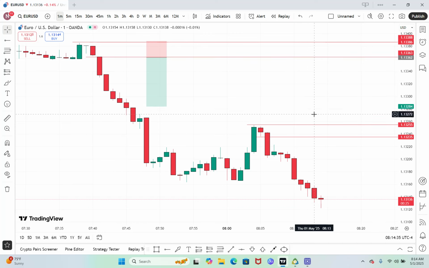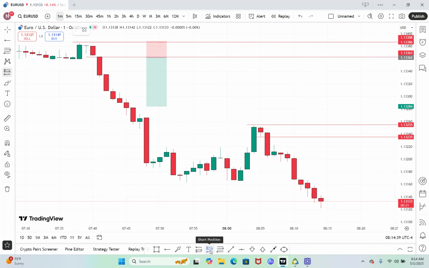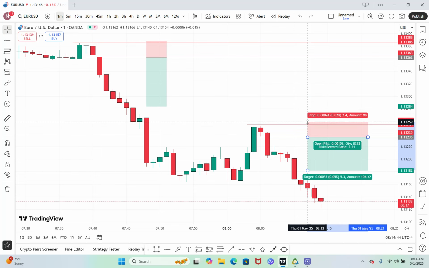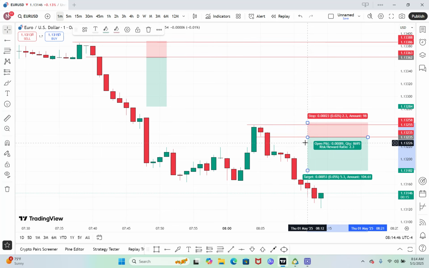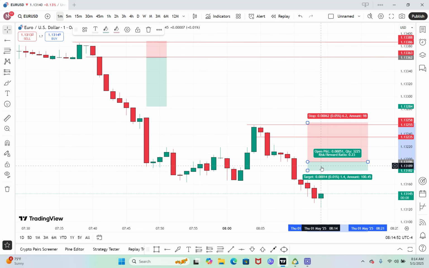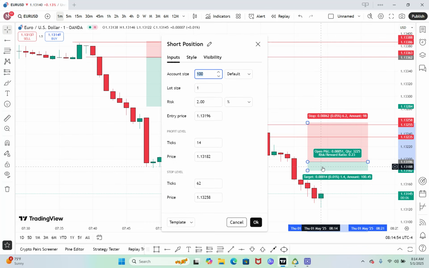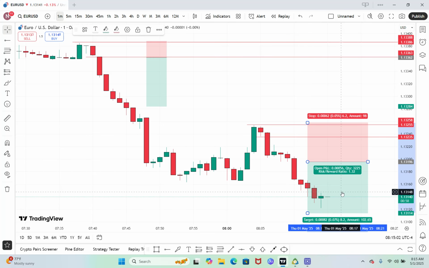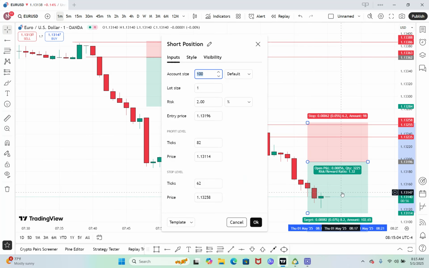See if we can get 3 times risk to reward. So we're risking 62 pip to make 186 pip.